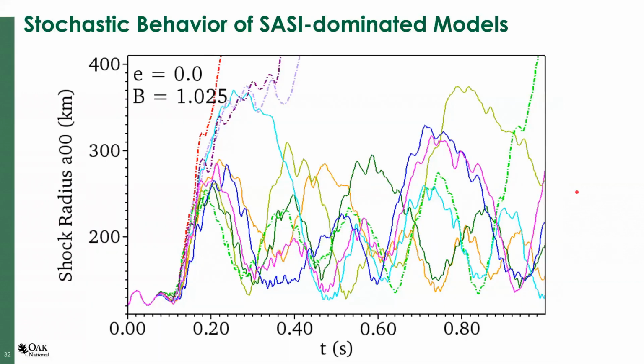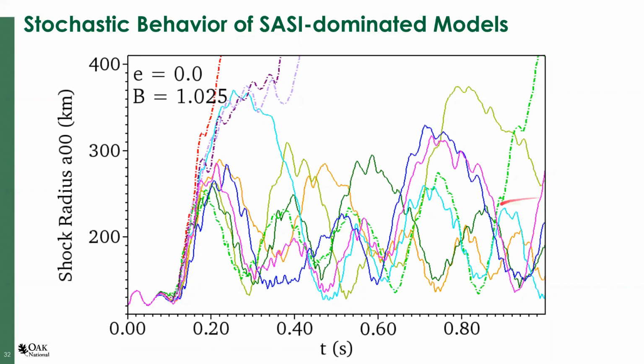So what we found, however, is that there is certain stochasticity to the model. This is the plot of the radius of the shock versus time of the same model, of the set of simulations that has exactly the same initial condition and the same neutrino heating, except that there's a small, less than 1%, random perturbation in the initial condition.